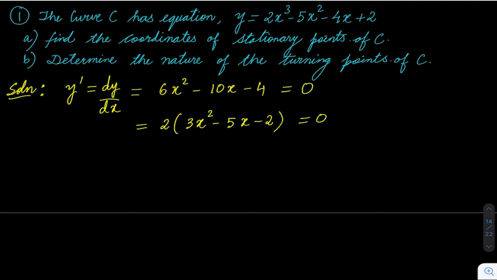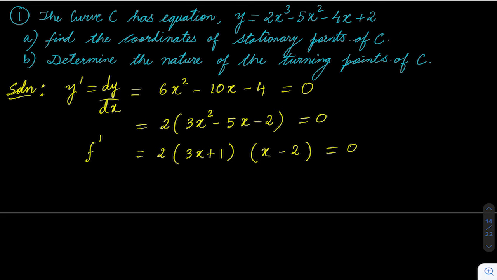Now let's make factors of this. So this will be equal to 3x and x. This should be minus x, right? So this should be minus 2 and this should be plus 1. So 3x plus 1 and x minus 2 are the factors, and this is equal to 0.